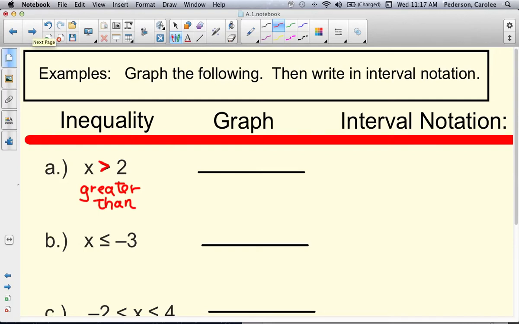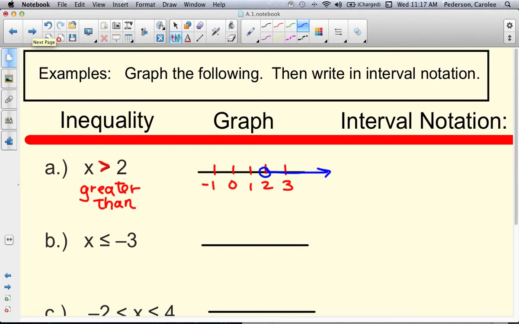So how we graph this on a number line, remember this number line goes on forever. I'm just going to graph a few numbers here. Let's just say -1, 0, 1, 2, 3. Since it's not equal to, I have to do an open circle. And it's greater, so the numbers to the right is what you would shade to the right.